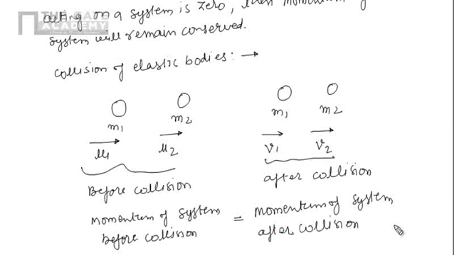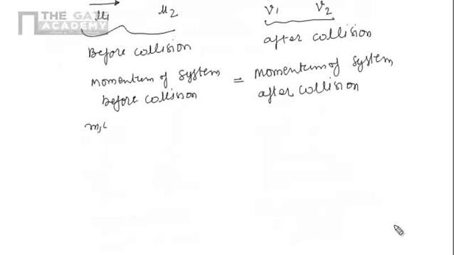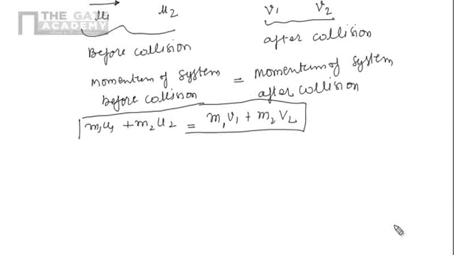Before collision, we have two masses m1 and m2, so the momentum of the system before collision is m1 u1 plus m2 u2, because momentum is the product of mass and velocity. It equals, after collision with velocities v1 and v2, m1 v1 plus m2 v2. So with the help of the law of conservation of momentum, we can write this equation.